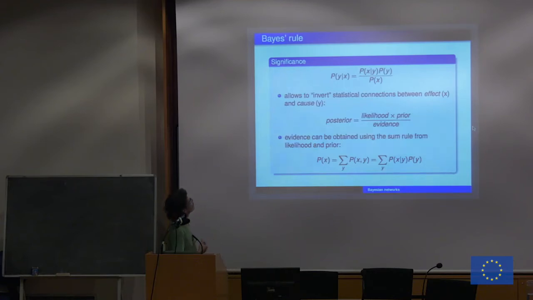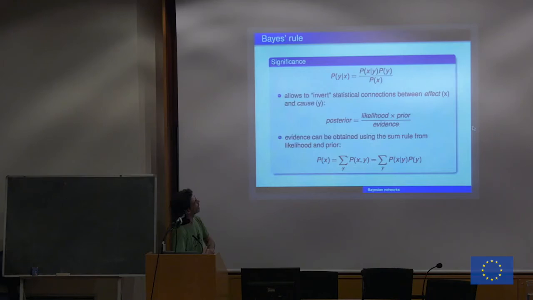In this case, p(x|y) is the likelihood: if x is the effect that you observe and y is the cause, you can represent the likelihood that you see something given a certain cause. p(y) is the prior probability of the cause without seeing any effect. And p(x) is the evidence, the probability of the effect, being agnostic about the cause.